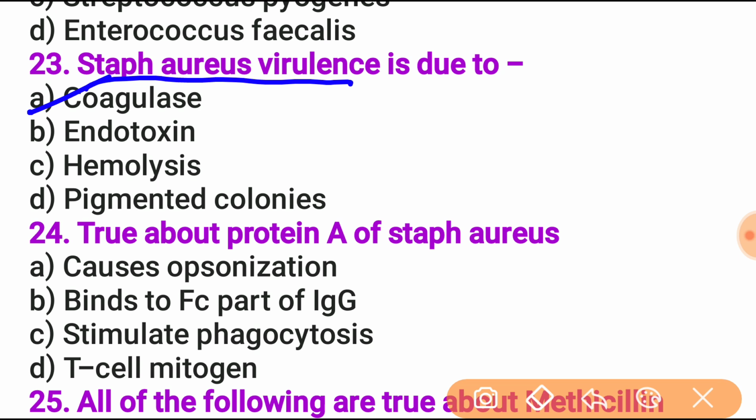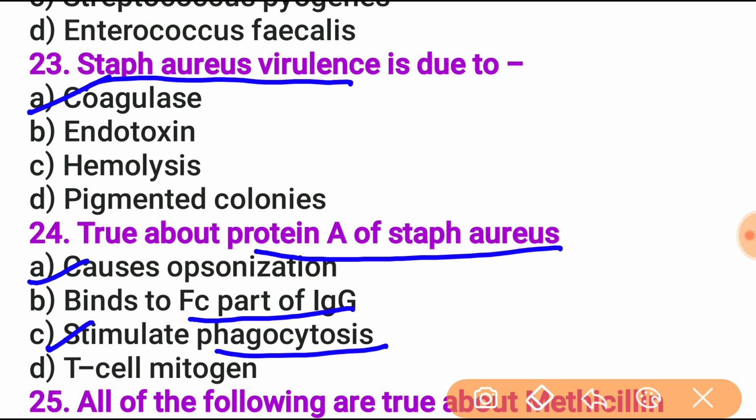Next is, true about protein A of Staph aureus: causes opsonization, binding to Fc part of the IgG, stimulates phagocytosis and T cell mitosis. The option is here the binding to Fc part of the IgG.